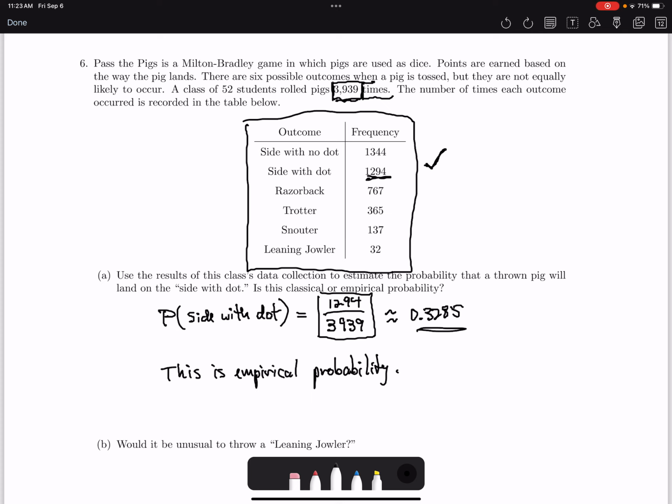A classical probability is something that you should be able to figure out just with paper and pencil and your brain, right? An empirical probability is when you have to do some experimentation to figure out the likelihood of an event occurring. And in this case, that's exactly what happened, right? We had a class of 52 students who ran an experiment. And so we're basing our probabilities on their experimentation. That makes this empirical probability.